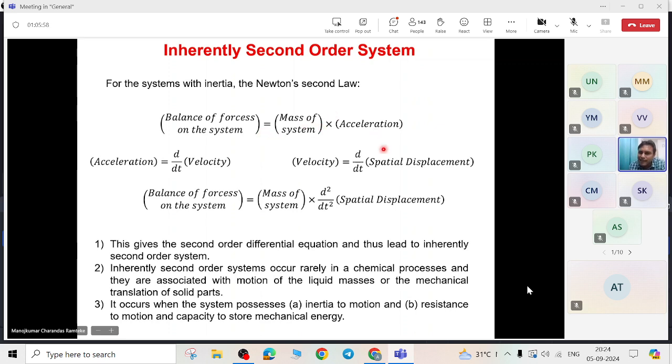And this acceleration is nothing but the change in velocity, dv by dt, and this velocity is nothing but ds by dt, where s is the spatial displacement. So if I represent this entire equation in terms of spatial displacement, I get a second order differential equation, and therefore we are likely to get an inherently second order system whenever there is inertia associated with the system. Is it clear to everyone conceptually?